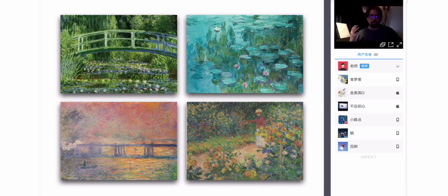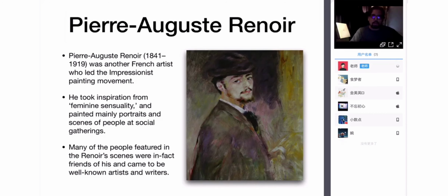So it was also his physical condition and his inability to see very clearly that gave us this style of painting that other painters sought to copy or emulate, were influenced by it. Okay, moving on to Renoir.